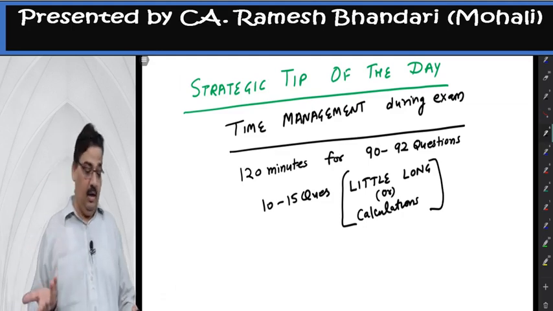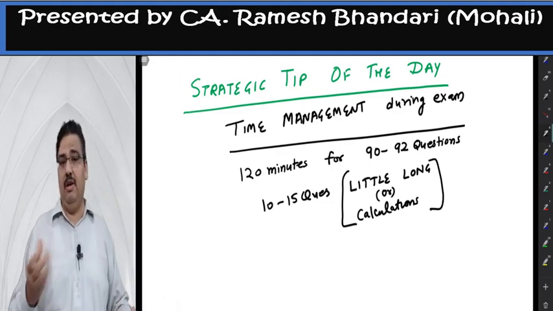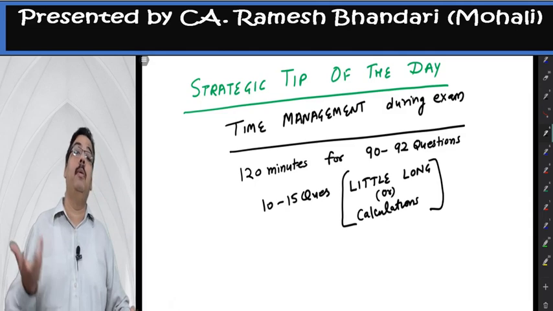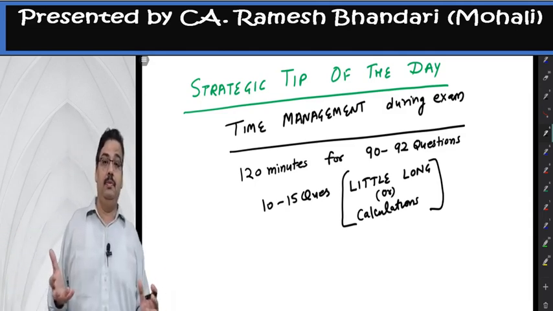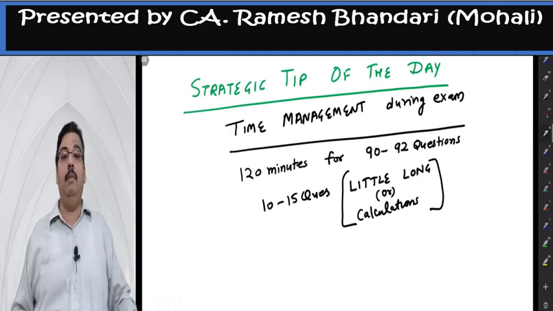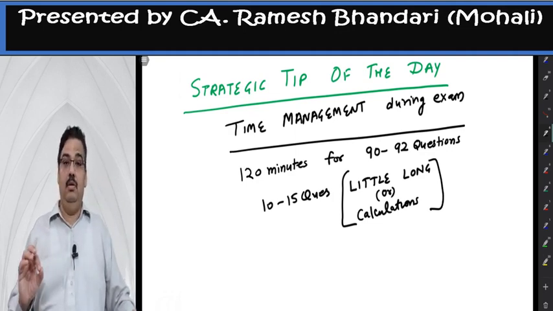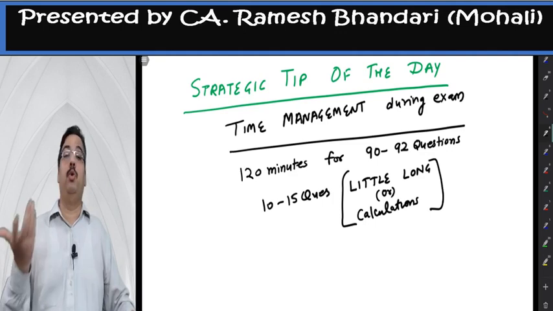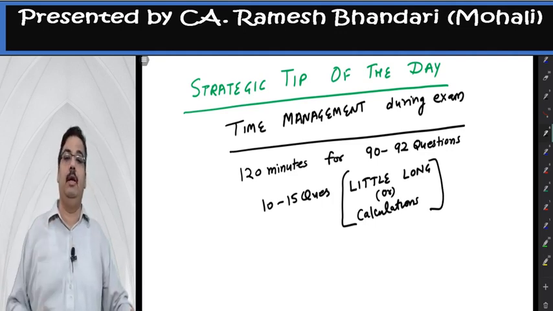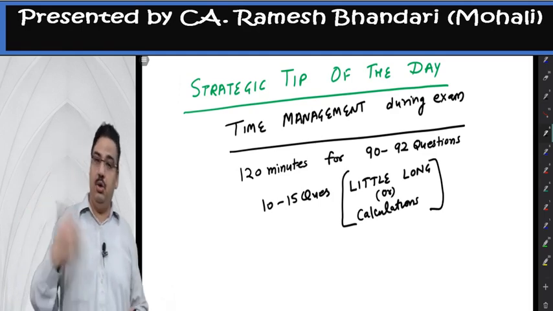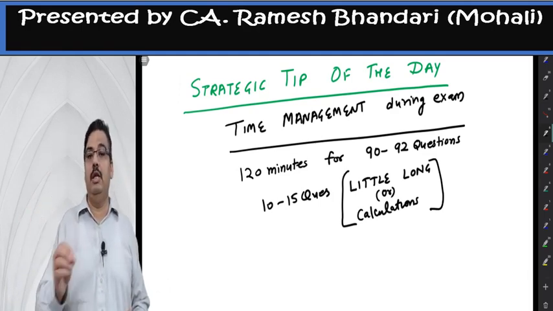So going by that, I think 90 minutes will be sufficient. Not every question will be able to be done in 30 seconds. So for these 10-15 long questions, you may have to apply a little more time. But again, you can apply a rule out approach. While reading a question, A option is incorrect, B is incorrect, C is incorrect, then surely D is the answer. You can easily opt for that.